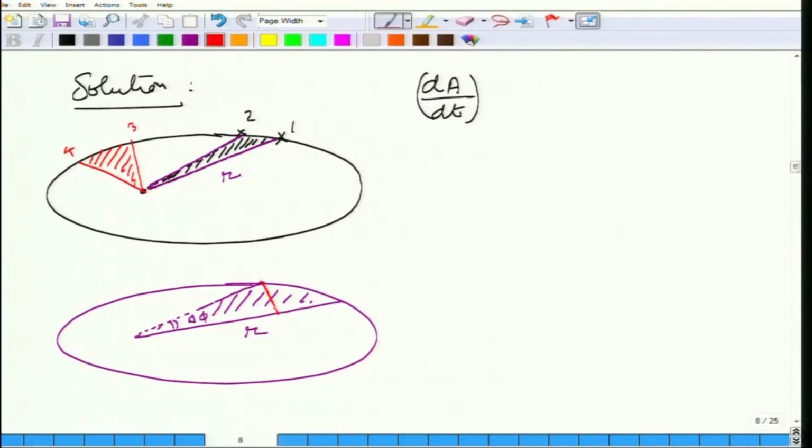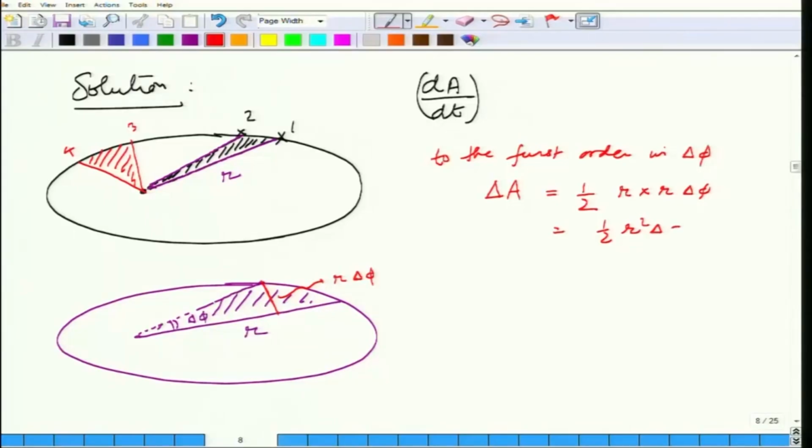This becomes the base. Keep in mind the delta phi is very small. This base distance is going to be r delta phi, and therefore to the first order in delta phi, the area delta A is going to be 1/2 of r times r delta phi, which is 1/2 r square delta phi. So, this is the expression for infinitesimal area in planar polar coordinates.